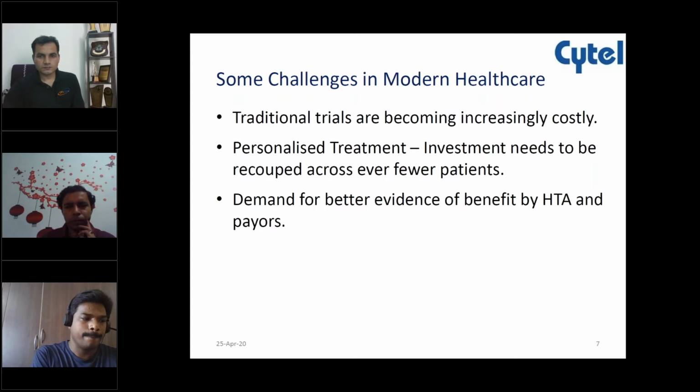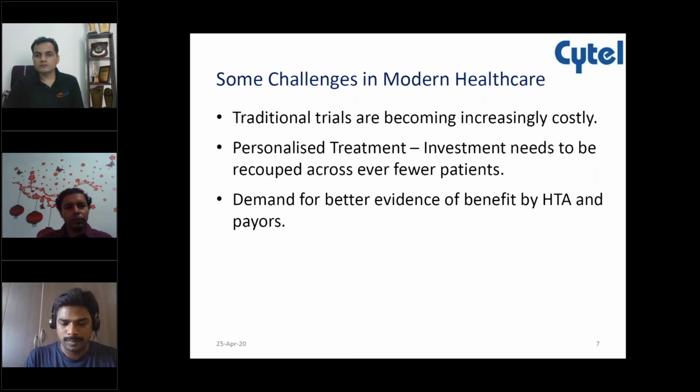Also, medicine is becoming increasingly personalized, which means that drugs that can be most beneficial to a subgroup of patients are being developed. Now, while that is great from the point of view of efficiency of treatment, it also means that the cost of developing such drugs has to be recouped across fewer patients. This means that the cost of the drug would increase for each patient. That, in its turn, means that insurance payers have begun to demand better evidence for efficiency of drugs in order to cover these drugs.